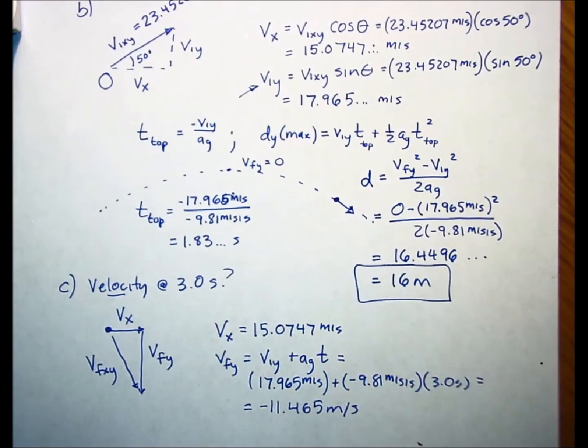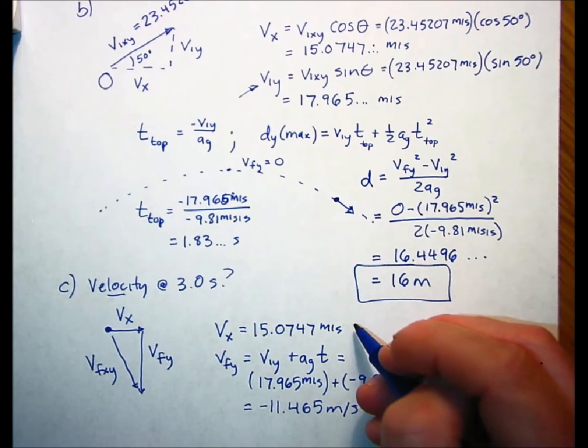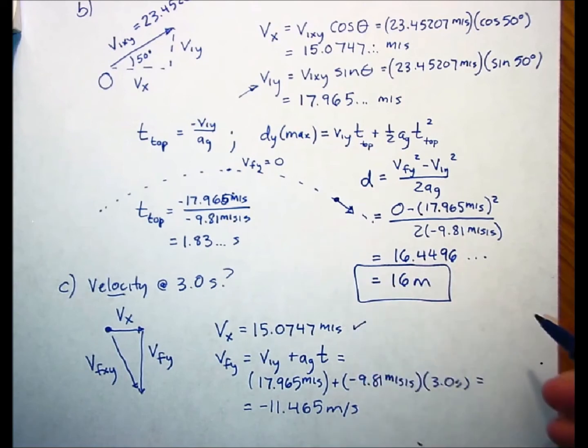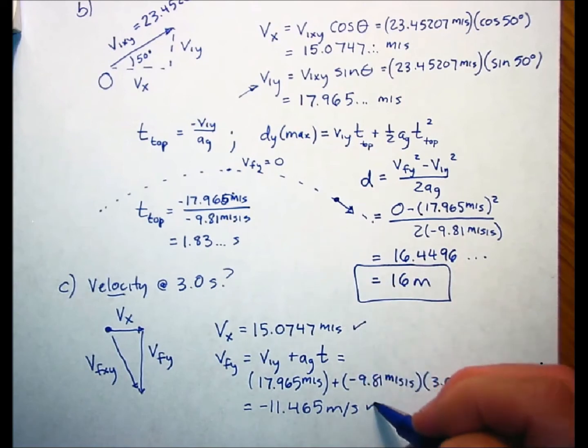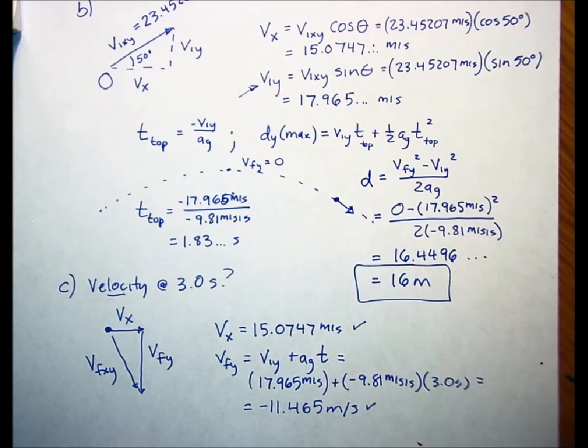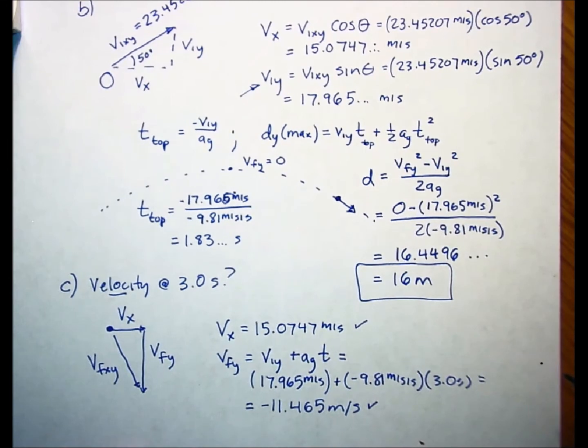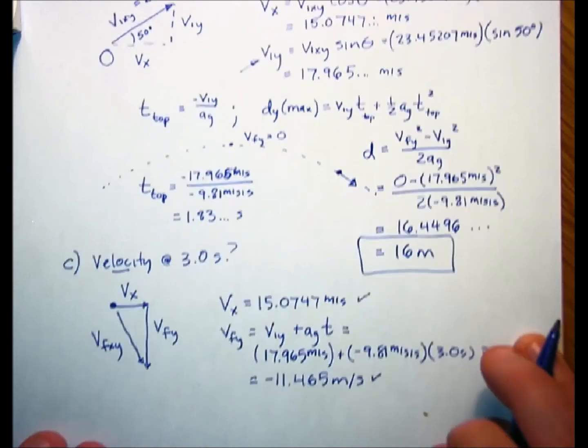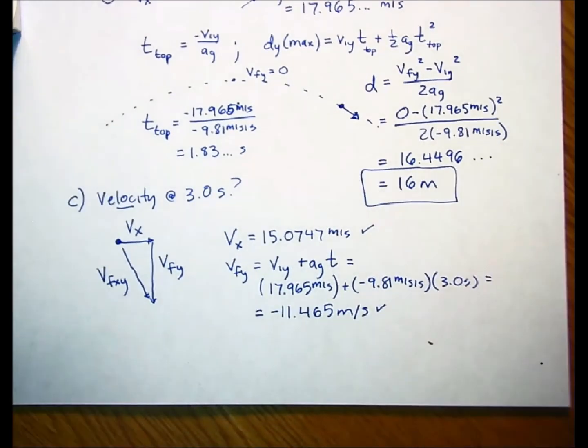At this time it's going forward at 15.07 meters per second, and it's going down at negative 11.465 meters per second. Now all I need to do is combine those together with a right triangle and find out what the total velocity is. Don't forget, finding the angle is also part of that answer. I'm going to do a quick calculation down here.